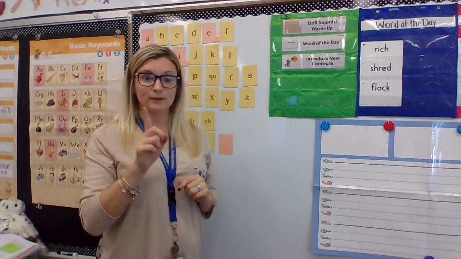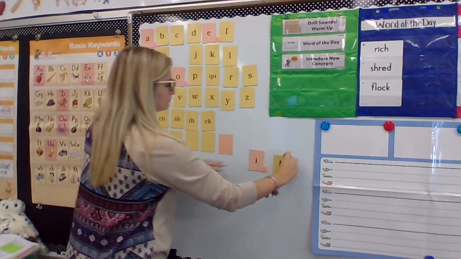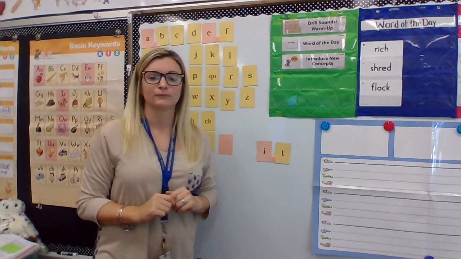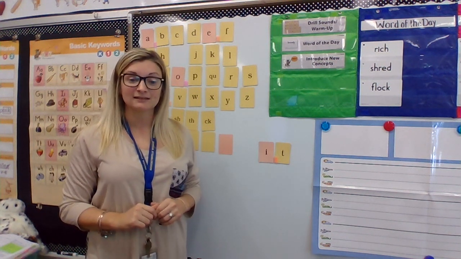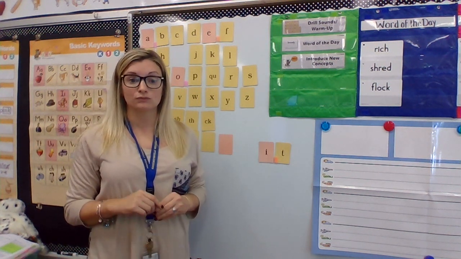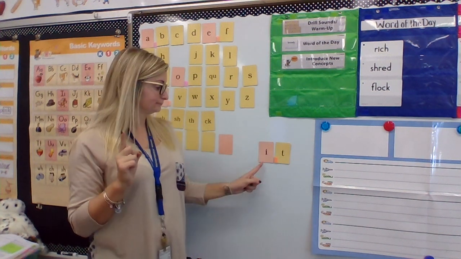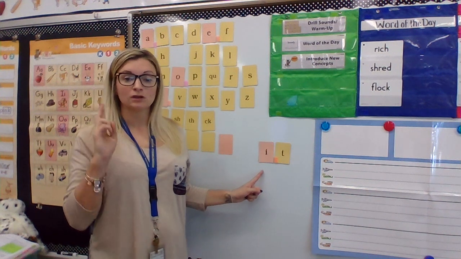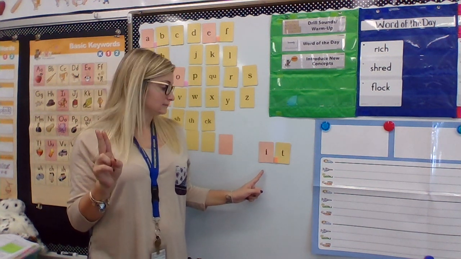Let me do one more. Let's do one more example. Okay. This word is it. Let's go ahead and see if it follows all three rules. First rule, one vowel. It has one vowel. Two, it needs to be followed by a consonant.